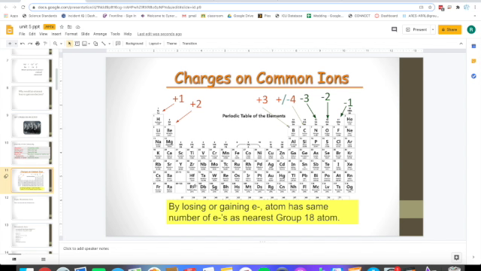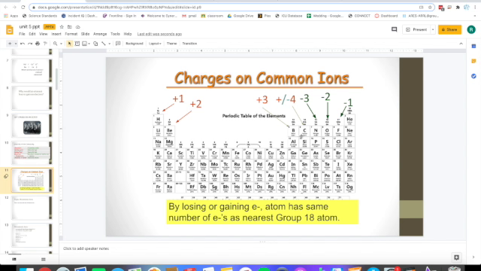We are skipping the transition metals. We'll be talking about that later on in the unit. And then we'll come to this column right here. Boron, aluminum, gallium, indium, all of those will have a +3 charge. So if these are ions, it'll be +3. Now this one's a little finicky.